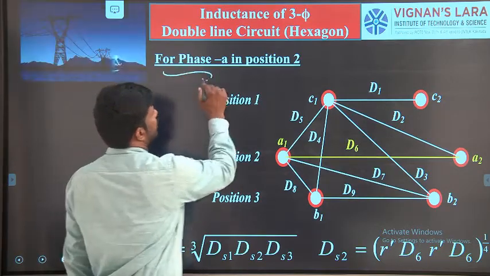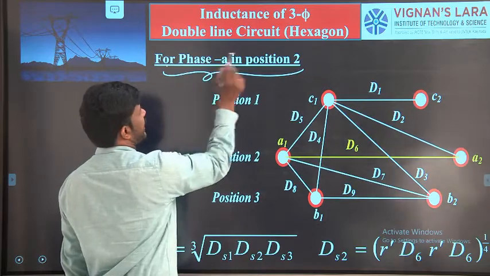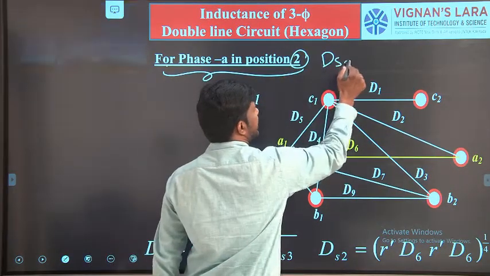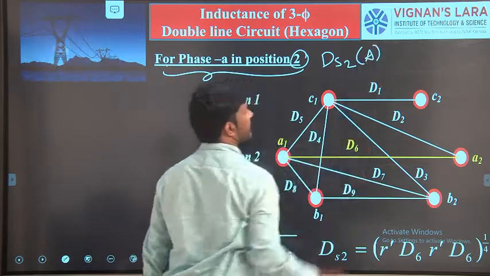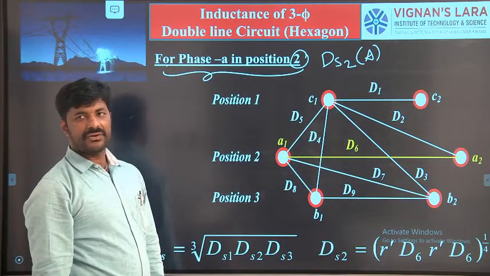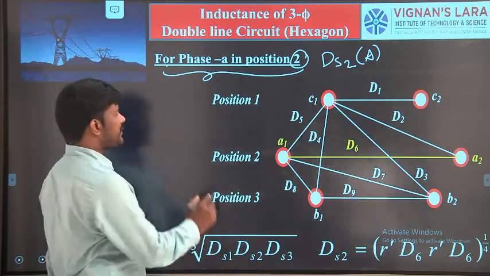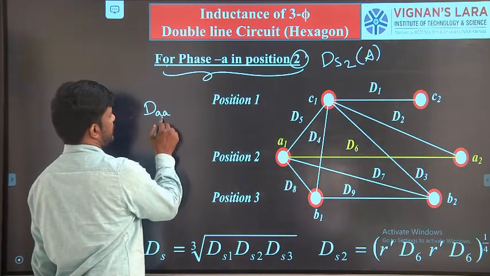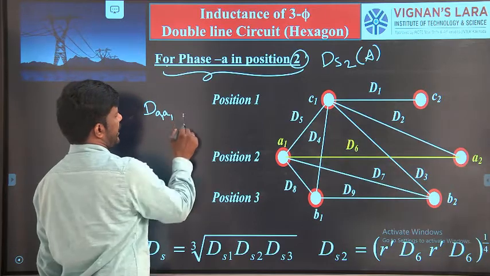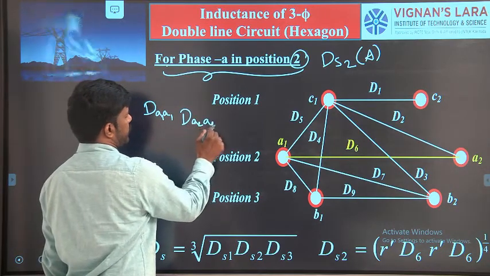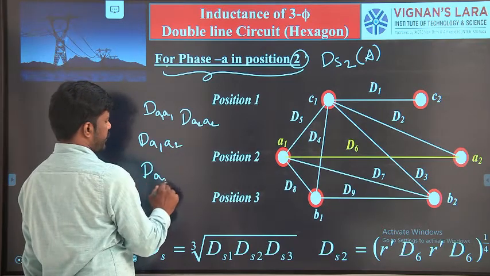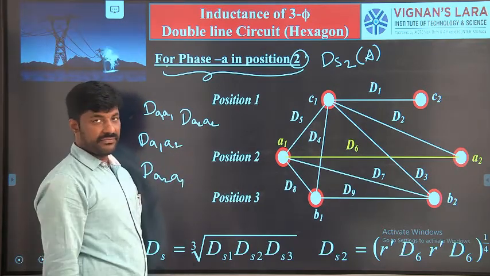For phase A located in position 2, I call this Ds2 for phase A. Then tell me what are the values of the distances. The distances are A1 A1, again A2 A2, A1 A2, A2 A1. Verify it.